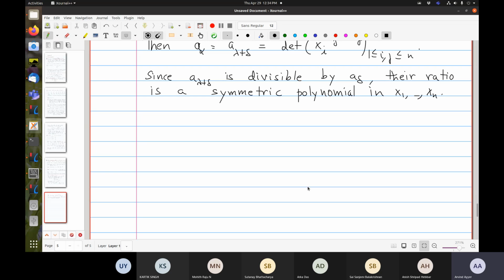Right? And the fundamental theorem in this connection, so you get some symmetric polynomial. So the ratio A lambda plus delta by A delta belongs to capital Lambda n. Right? So it's a symmetric function. But the fundamental theorem over here is that A lambda plus delta by A delta is the Schur function S lambda.